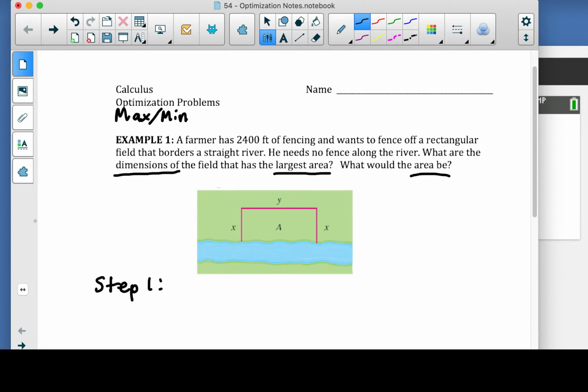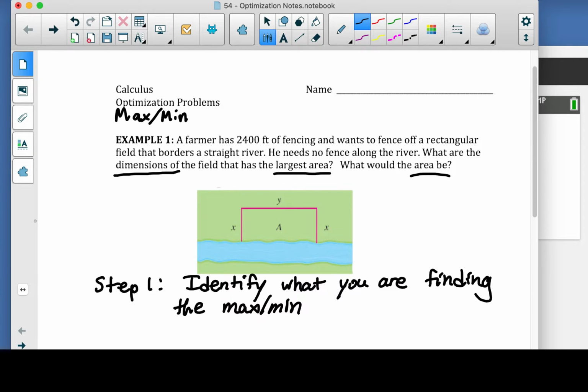is to identify what you are finding and write an equation for it. Optimizing, but we're looking for a max or a min, so we want to identify what we're finding the maximum or minimum of and write that equation.